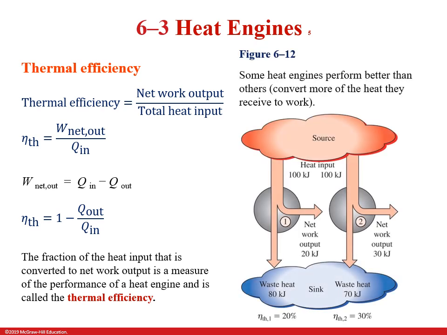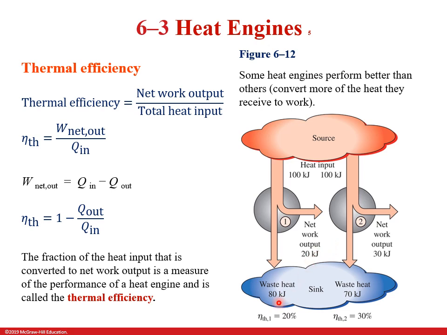And this is what it looks like. You can see here there's two different heat engines, heat engine 1 and heat engine 2. Notice they're both using the same source, right? They're both getting 100 kilojoules of heat. Heat engine 1 is putting out 20 kilojoules of work. Heat engine 2 is putting out 30 kilojoules of work.